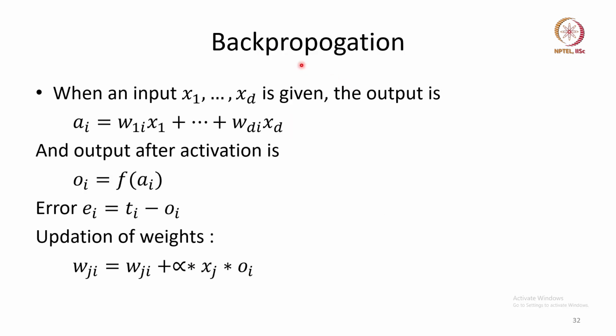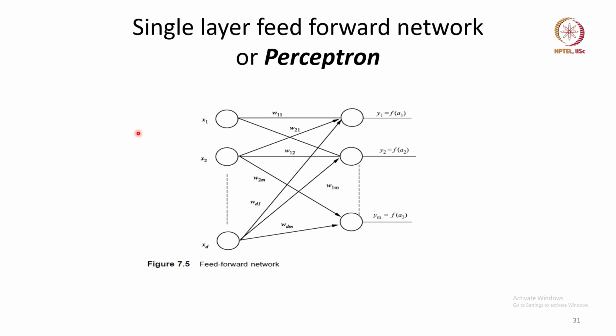What happens here if we have input x1 to xn in your input layer, you will have weights between your input and the output.